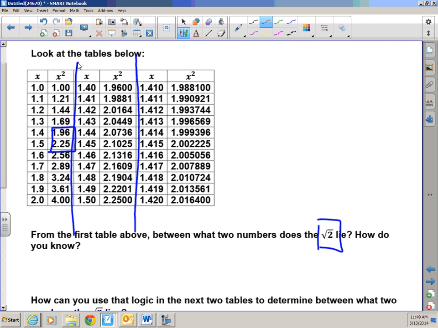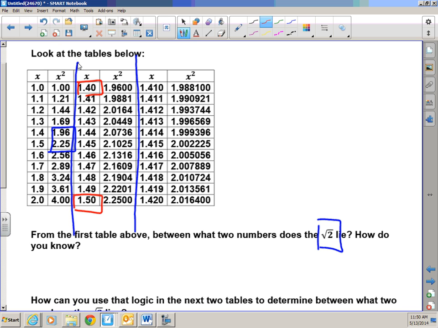So the square root of 2 is somewhere between 1.4 and 1.5, which is why we then go to there. So all we're doing is we know the square root of 2, we go from 1 to 2. These are all those numbers squared. So we're looking in my blue box where the number 2 lies between.